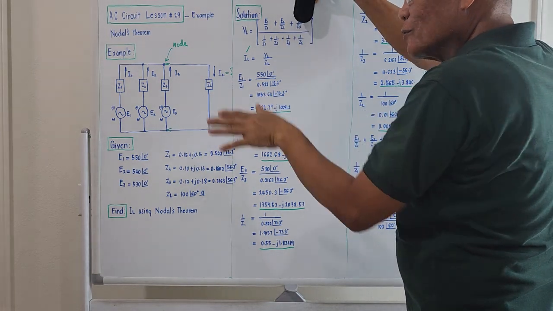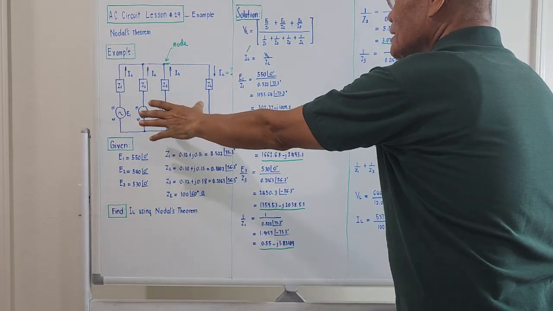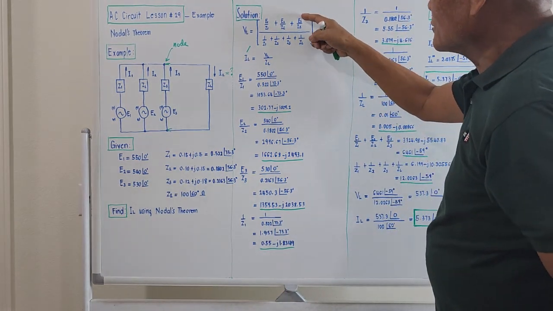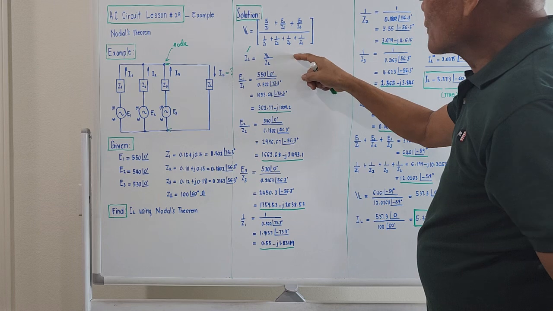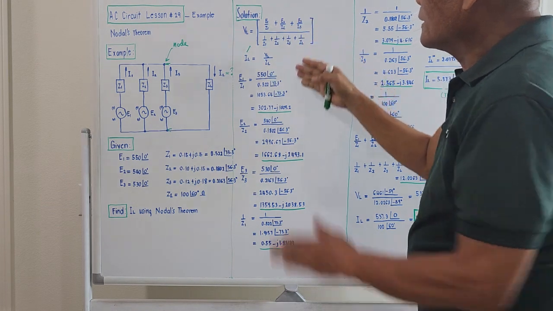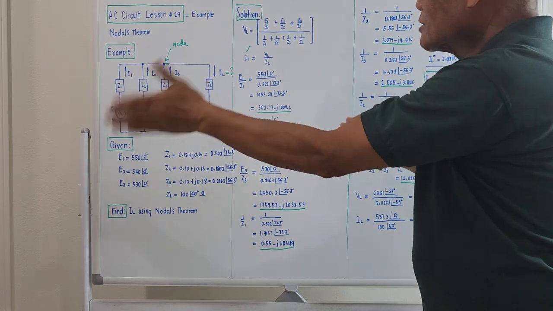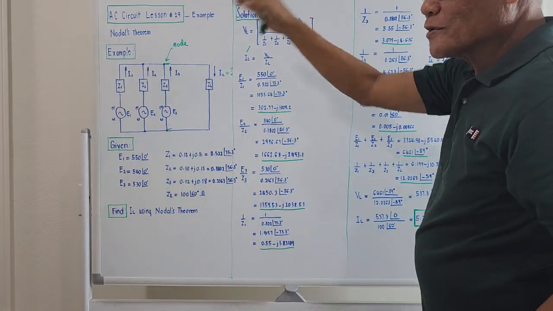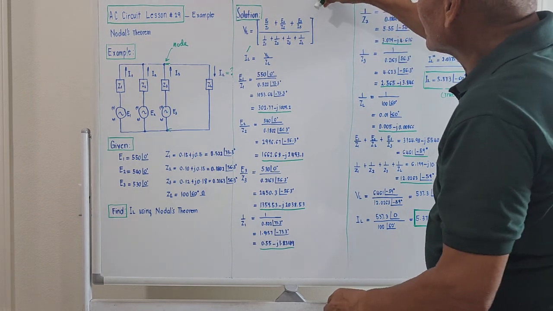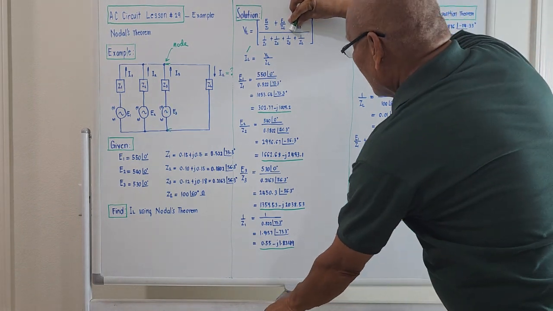But for this morning, we are given three voltage sources. So the numerator should have an additional term E3 over Z3, and the bottom portion should have 1 over Z3. This is similar to the last lesson, except that the voltage sources from the past lesson were only two. We were missing this one here and this Z3.